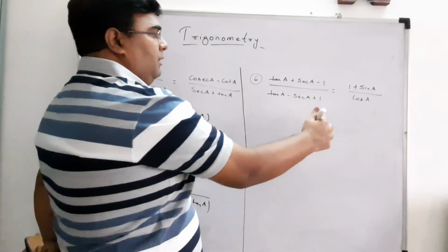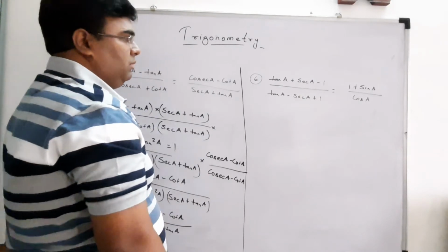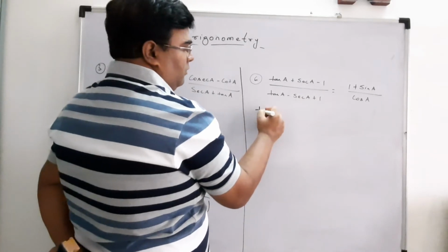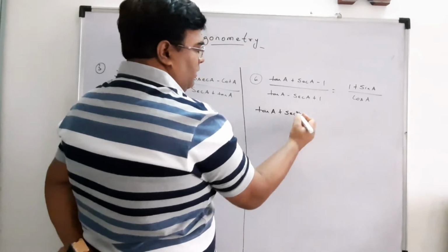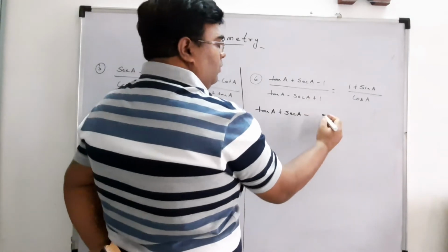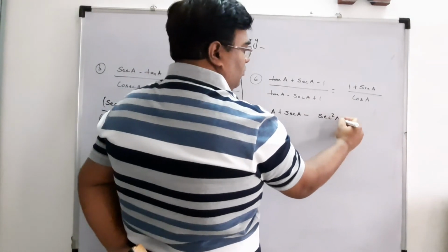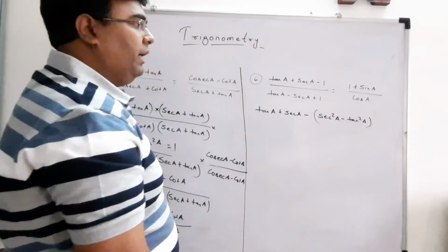Tan A plus sec A minus 1, over tan A minus sec A plus 1. How to do this? Tan A plus sec A minus, what we will do, we will convert this 1 into, we know this formula, right?